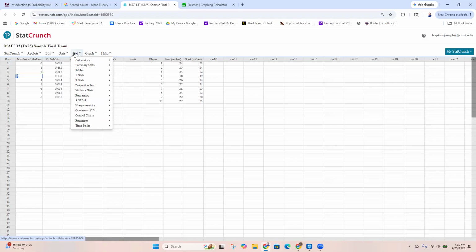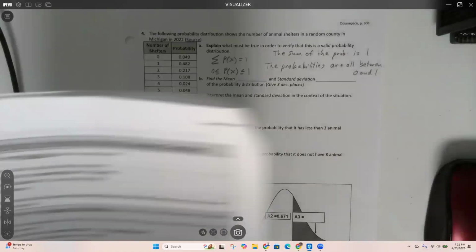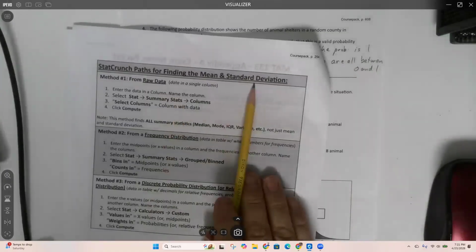What page in the exam notes packet? Page 254, maybe. Yes, Crystal, you got it. Page 254 is finding means and standard deviations.